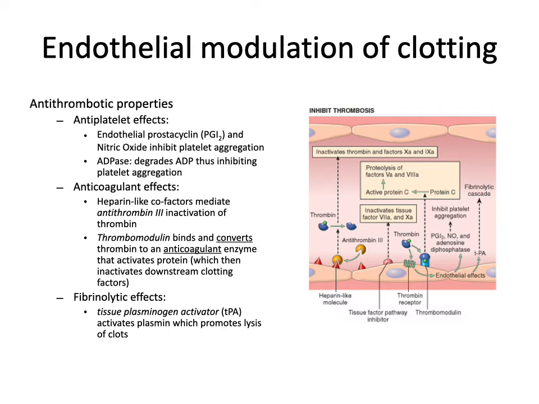As mentioned, the endothelium has both anti-clotting and pro-clotting mechanisms. Anti-clotting mechanisms include anti-platelet effects, substances that serve to inhibit platelet clumping, which include prostacyclin and nitric oxide, anticoagulants like antithrombin 3 and thrombomodulin, and substances that dissolve formed clots, and these include plasminogen and tissue plasminogen activators.